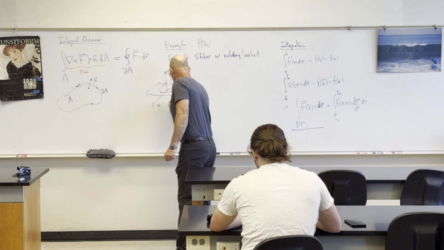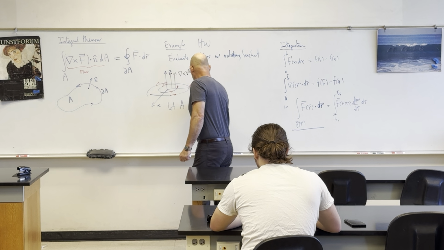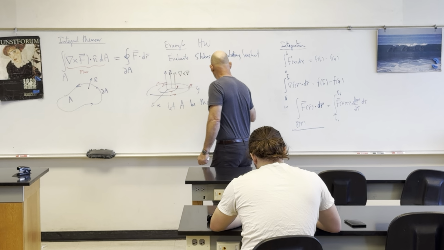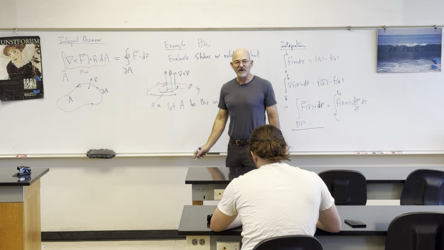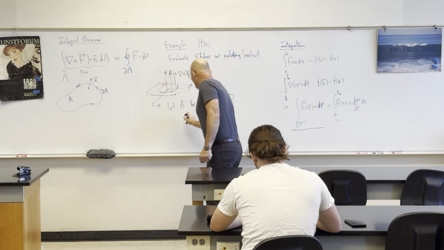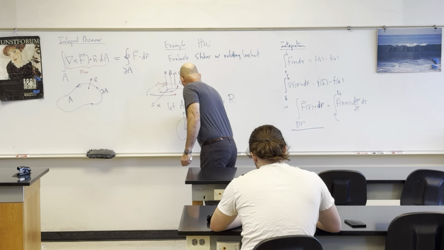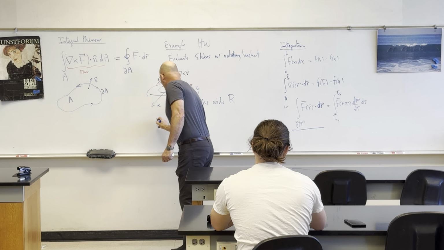So what we're going to do is let A be a circle of radius R, centered on the origin in the XY plane. So if we do a top view, that's our circle of radius R, that's the top view.